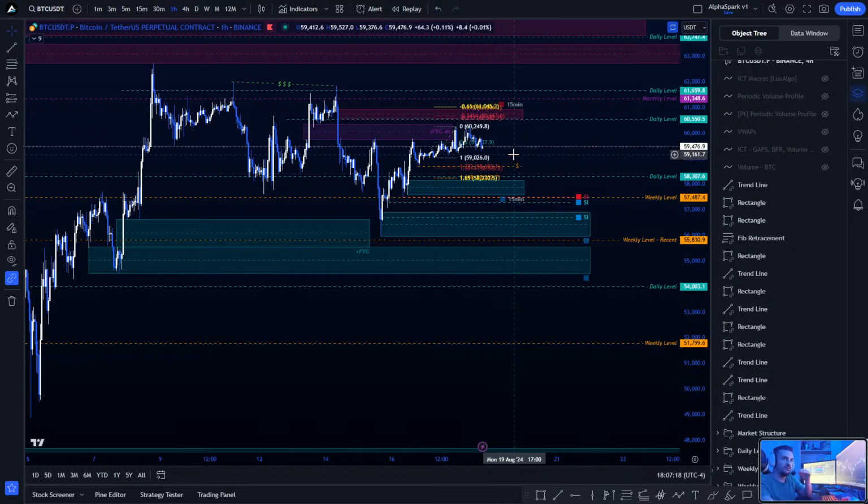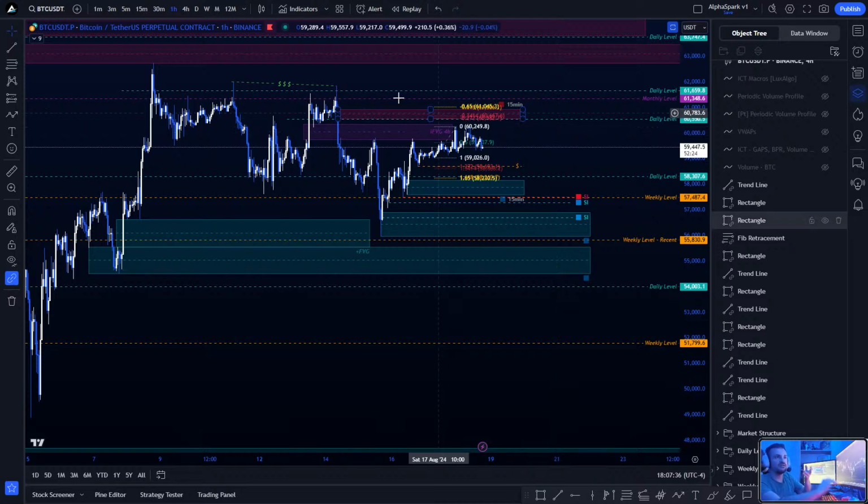What I would suggest is look at how the liquidity gets taken. If it gets taken with a divergence or a bearish sign, or you have some kind of a reversal after the liquidity getting taken, then you can target opposing liquidity and just take it from there, step by step.